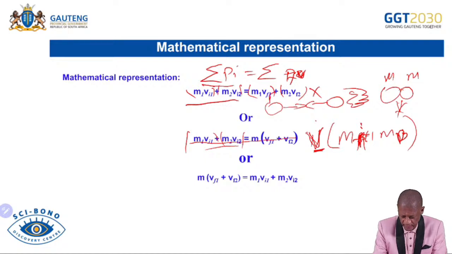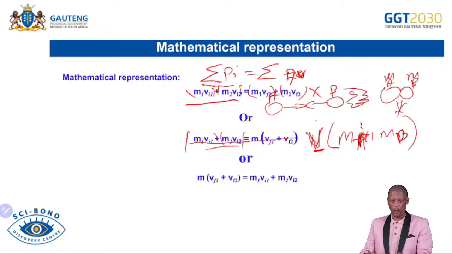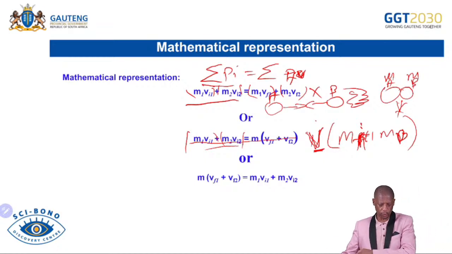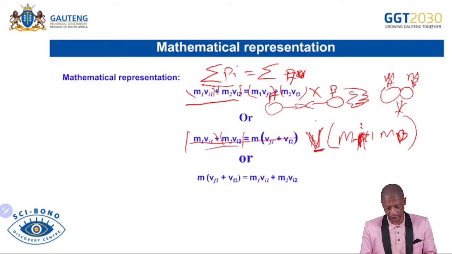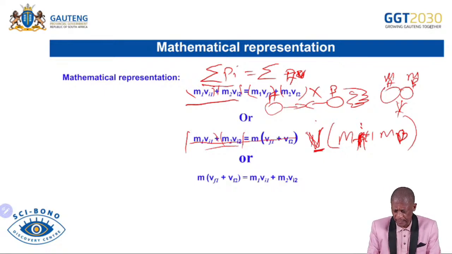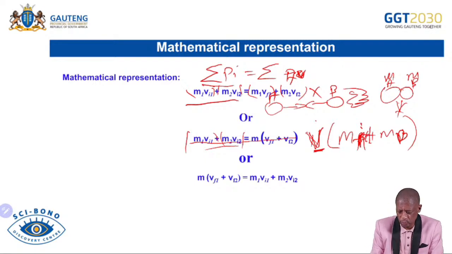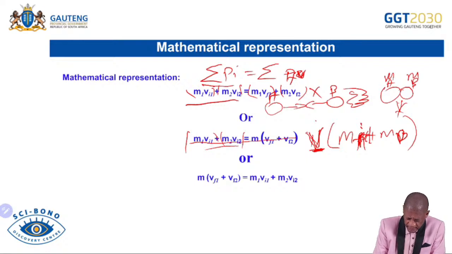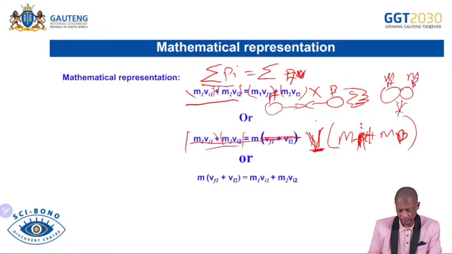If this one is A, this one is B. You can say 1 and 2, because the mass will never change. So we are going to add the masses of these, but they move with a common velocity, so it's one velocity that we are going to calculate. You start with this one equals to that one. We'll cancel this one because it's not correct.